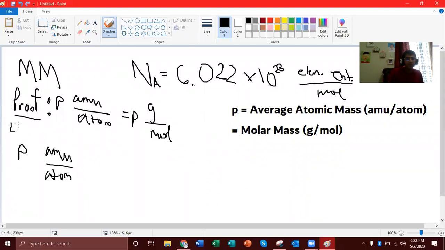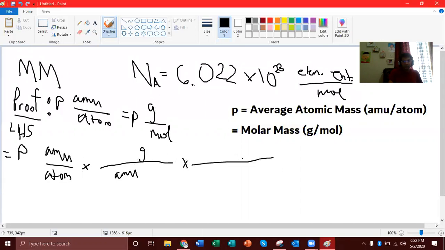This is going to be kind of like a mathematical proof, but LHS, left-hand side, equals P AMU per atom. Now we have to somehow convert AMU to grams and atoms to moles. So we need a conversion factor that cancels AMU with grams on top, and we need a conversion factor that cancels atoms with moles on the bottom, right?